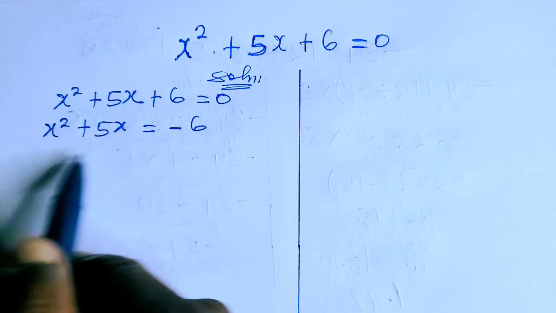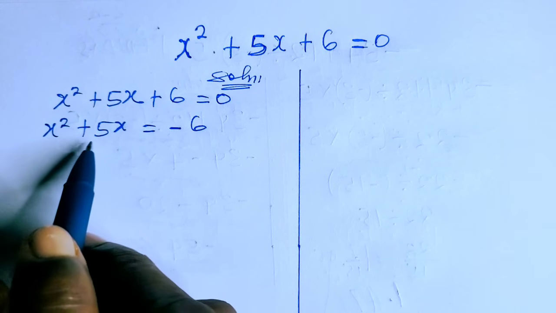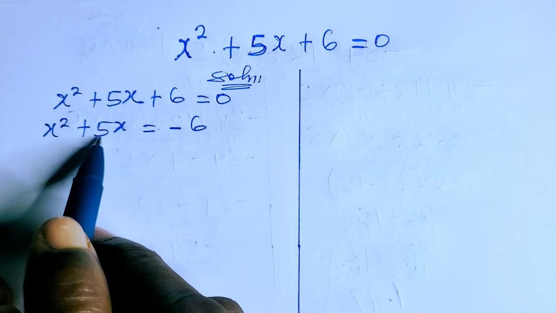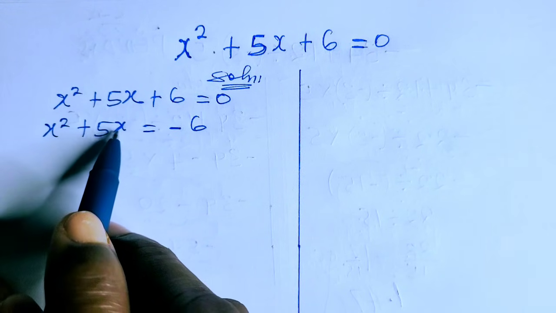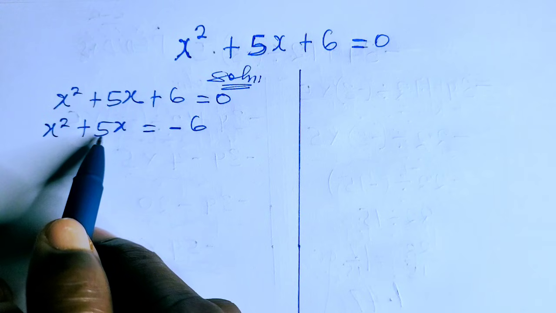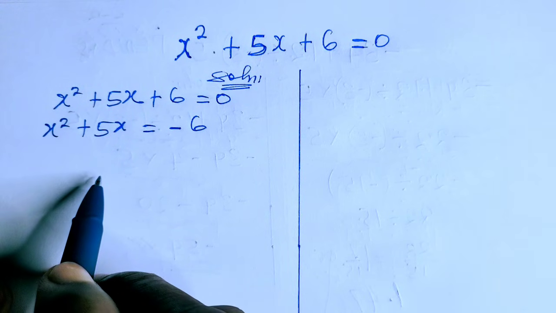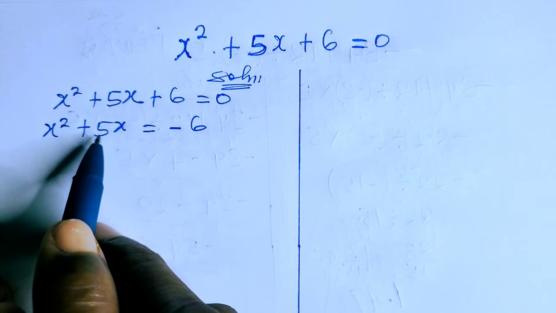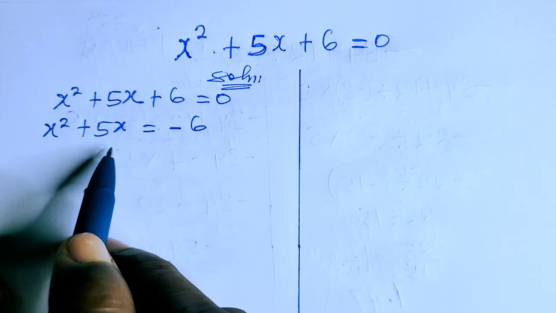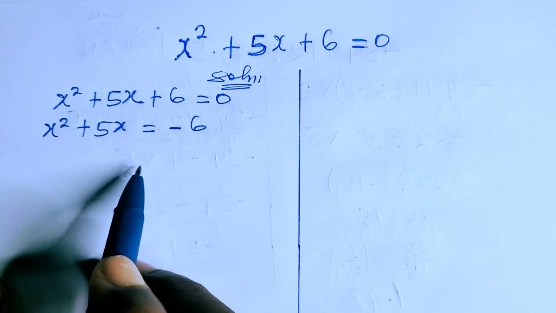Now, the next step is for you to add half the coefficient of x, squared, to both sides of the equation. The coefficient of x right here is 5, and half of 5 is 5 divided by 2. Then we are to add this (5 divided by 2) squared to both sides of the equation.